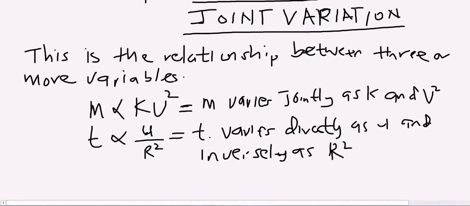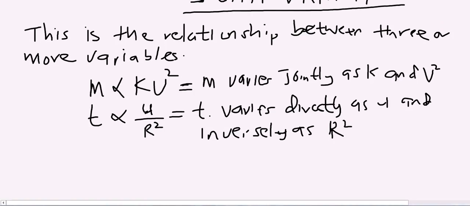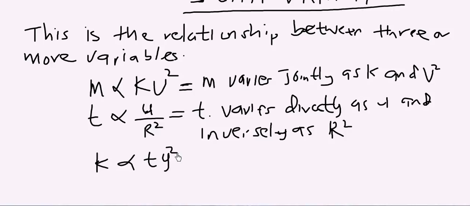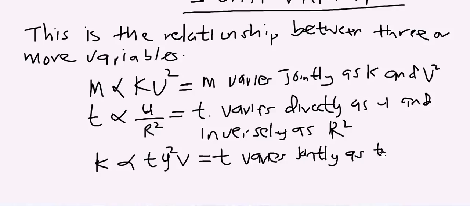We could also have, say, k varies as t y² b. You can interpret this as k varies jointly as t, y² and b.